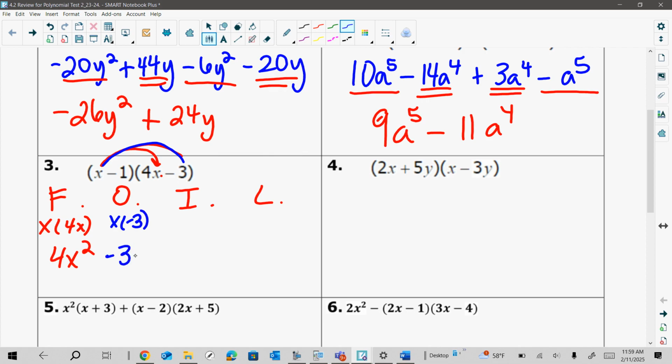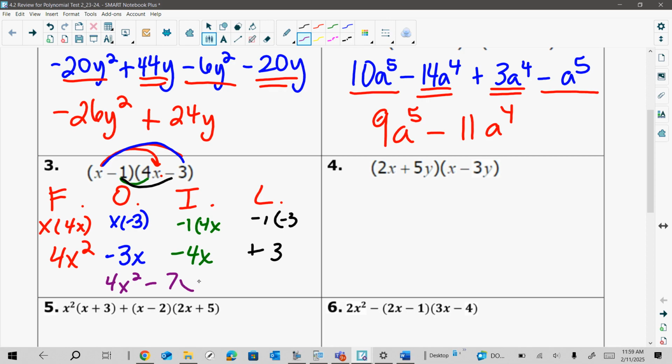That gives me a negative 3x. The inner terms is the negative 1 and the 4x. That also gives me a negative 4x. And the last term is the negative 1 times the negative 3 turns into a positive 3. So now you're just combining like terms. So this is 4x squared minus 7x plus 3.